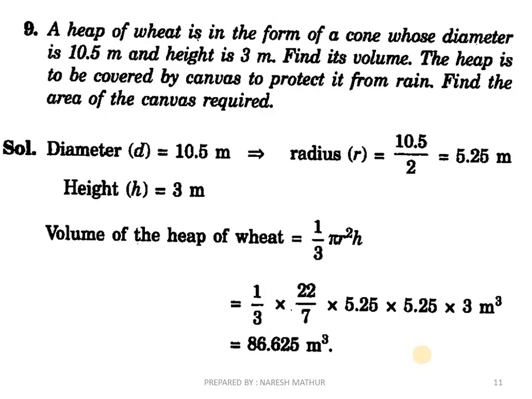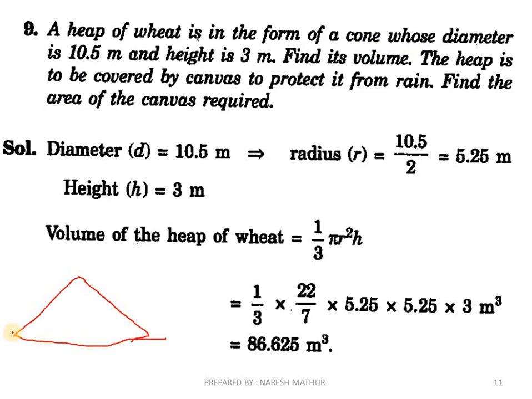Okay, in the last one, we are given a heap of wheat in the form of a cone. Heap of wheat means what? The wheat is arranged in this kind of a shape. The diameter is given as 10.5 meter.